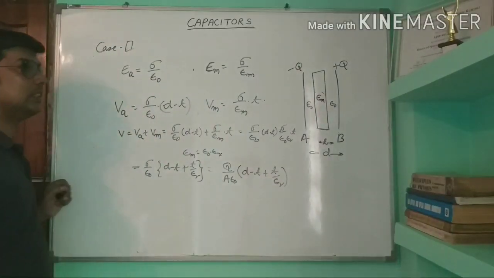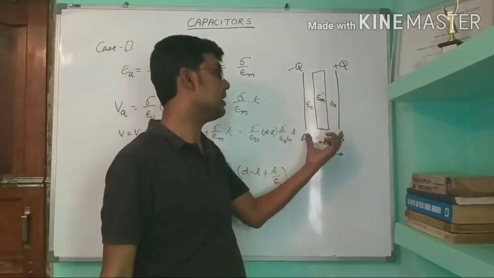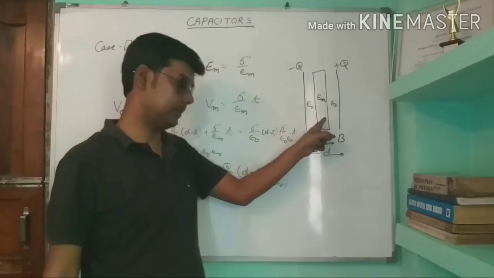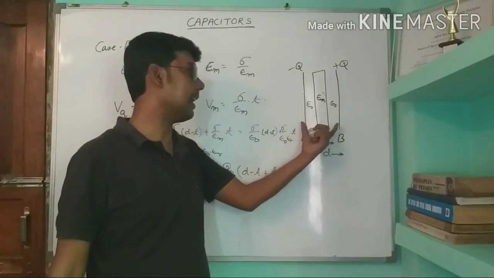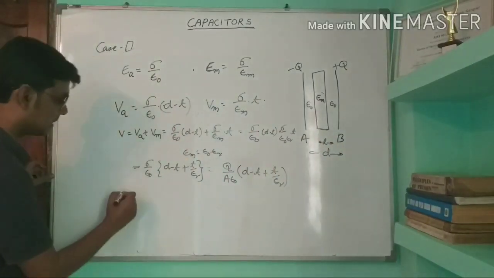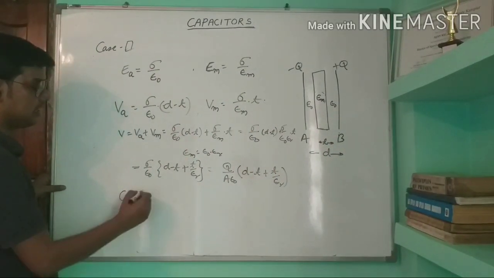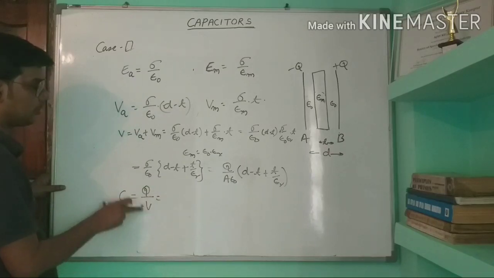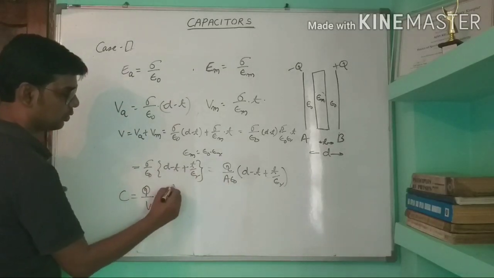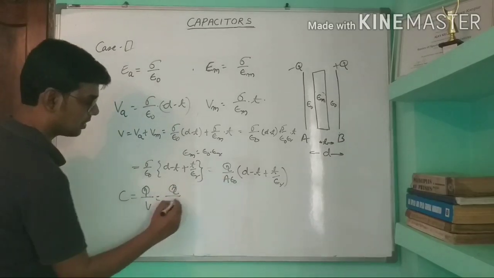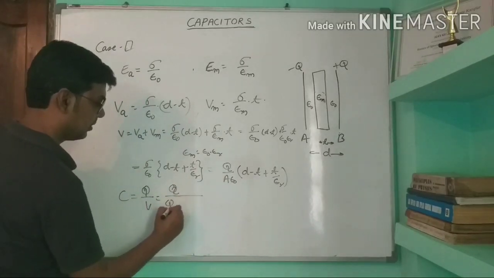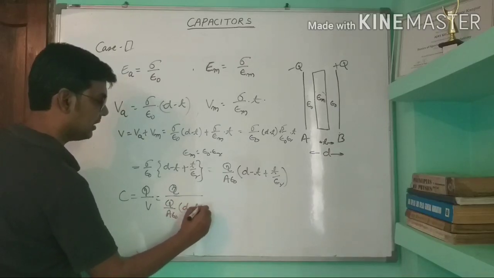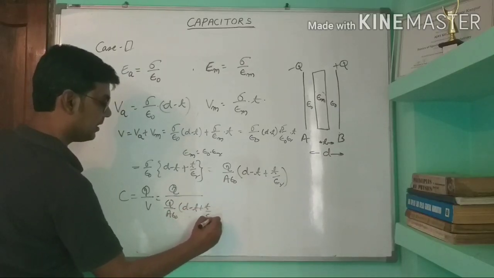Now we are actually interested in calculating the capacitance of this capacitor with the dielectric. So C is equal to Q by V. We have calculated V equal to this much, so it is Q divided by Q by A epsilon 0 into d minus t plus t by epsilon r.